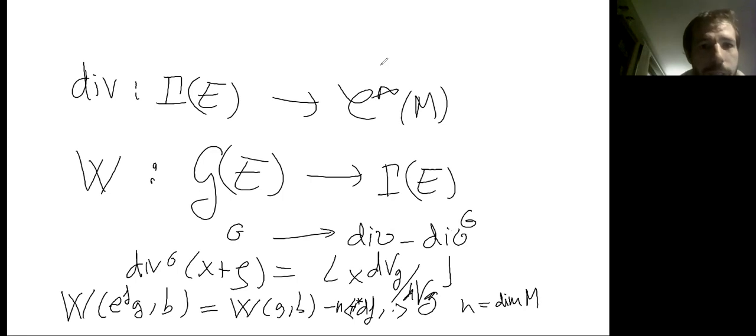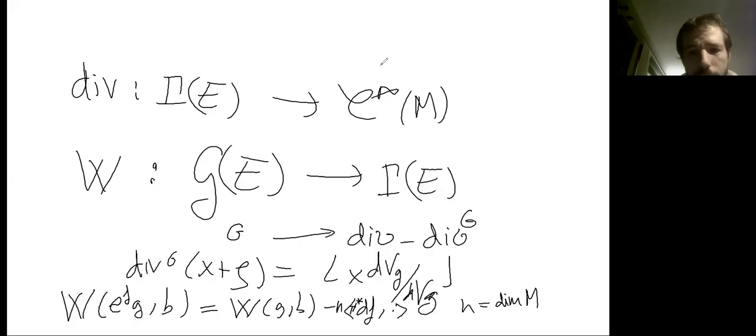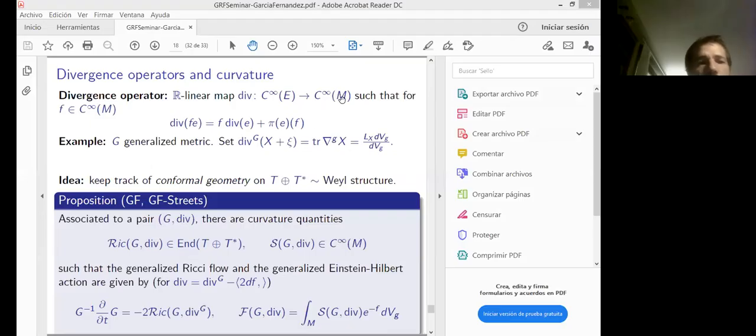So to finish, let me mention that once I have this device of divergences, then I can define this generalized Ricci tensor and this generalized scalar curvature. So associated to a pair of generalized metric and divergence, there are curvature quantities, the generalized Ricci tensor and scalar curvature, such that the generalized Ricci flow and the generalized Einstein-Hilbert action are given as follows.